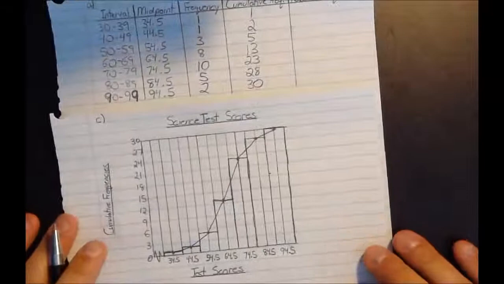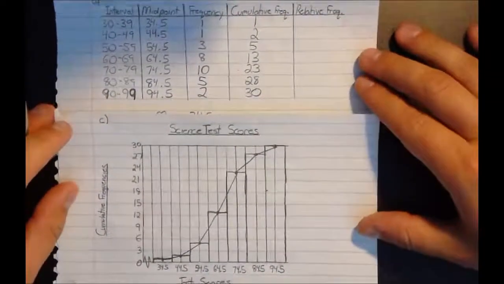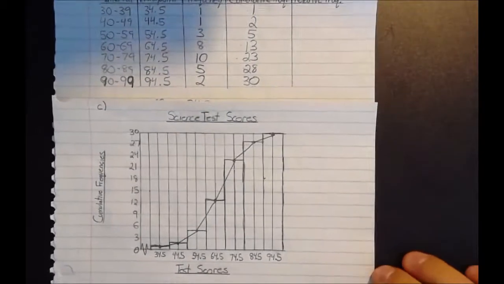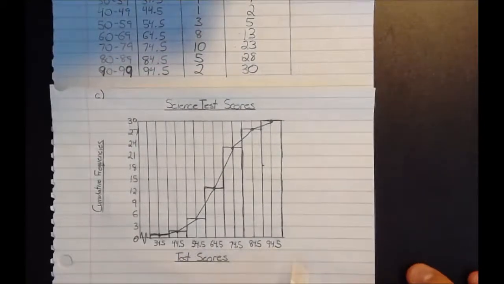So there's that. It's finished now. We have our cumulative frequency histogram and cumulative frequency polygon, also known as an ogive. Okay. So again, this one is different here because we use the midpoints now to represent the intervals. Okay, so let's move on to part D.